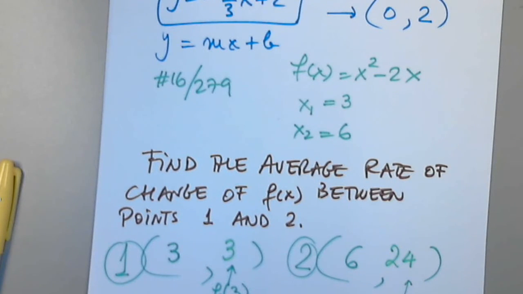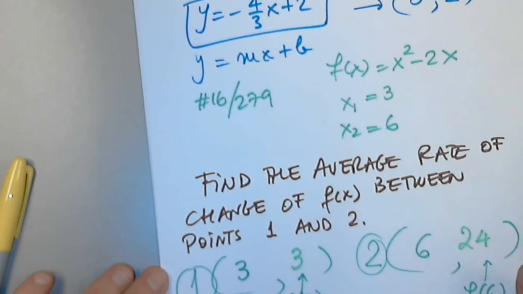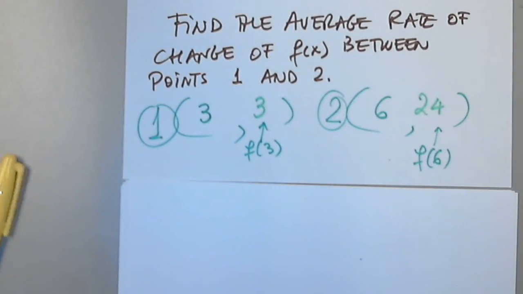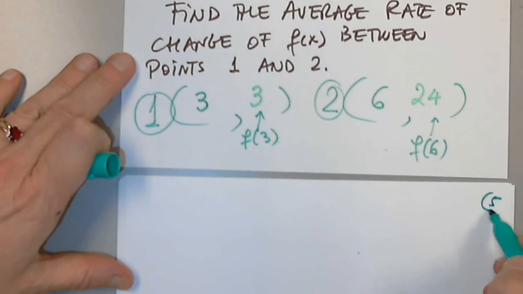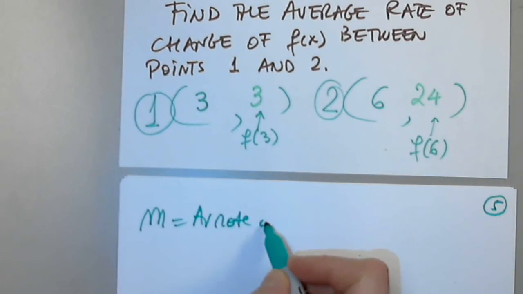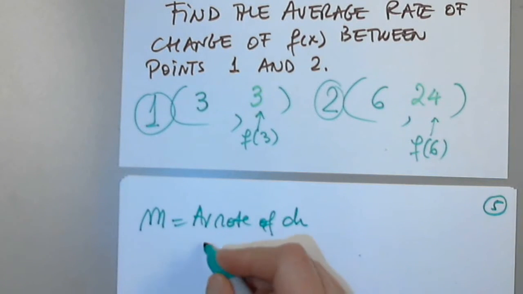Good. So now the average rate of change is nothing else but the slope of the line connecting these 2 points, like the difference quotient. The average rate of change of this function between points 1 and 2 is the slope.